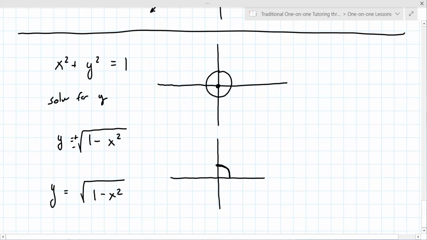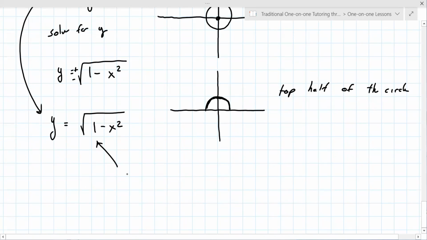That's what I want to make clear to start out: it's the top half of the circle. The square root of this number, the square root of 1, which equals 1, is the radius.